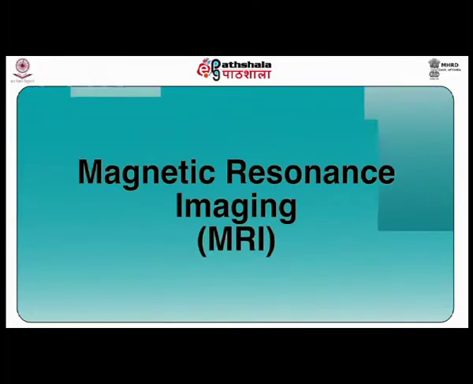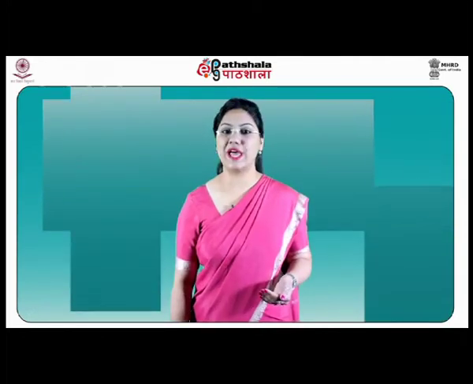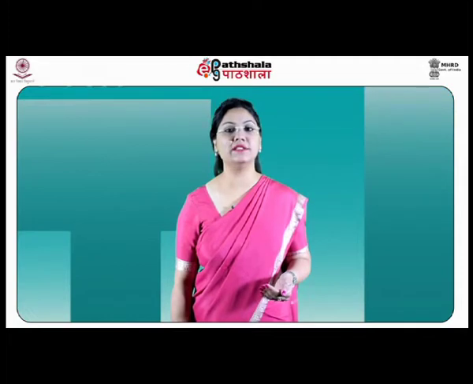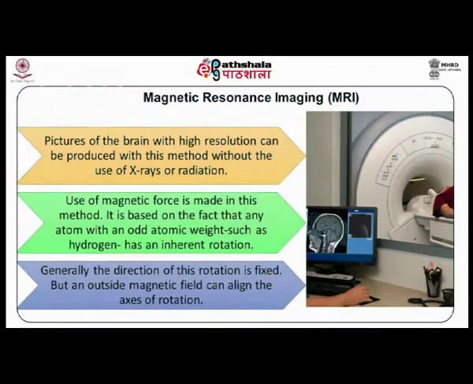Magnetic resonance imaging, also known as MRI. It is also known as nuclear magnetic resonance, NMR. Pictures of the brain with high resolution can be produced with this method without the use of X-rays or radiation. Use of magnetic force is made in this method.